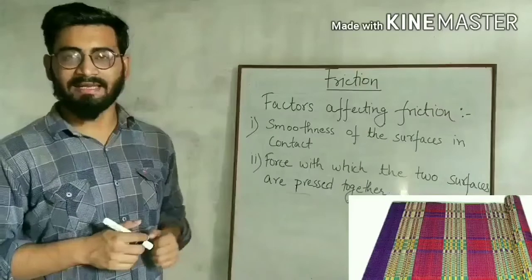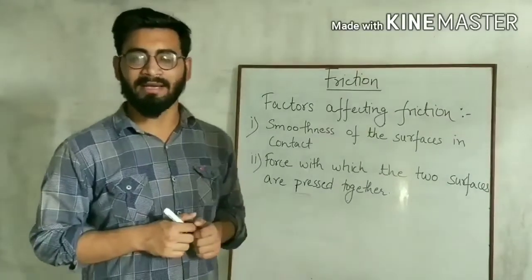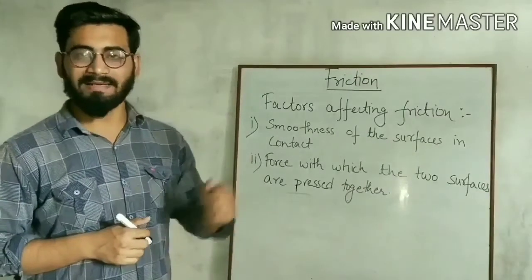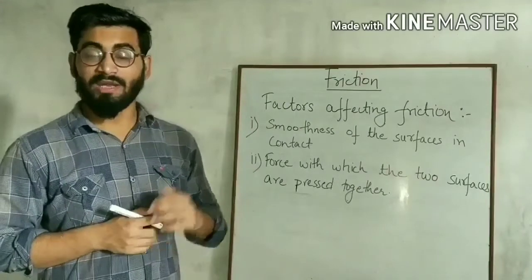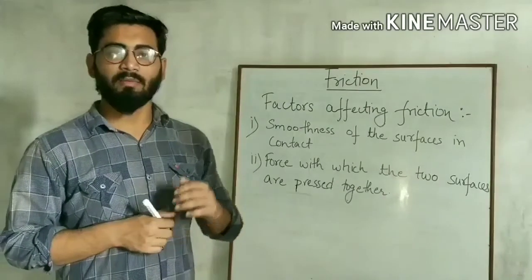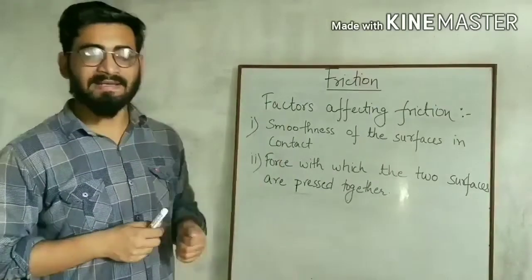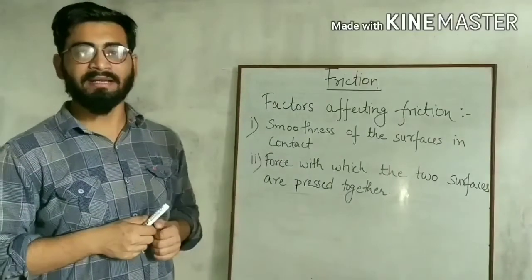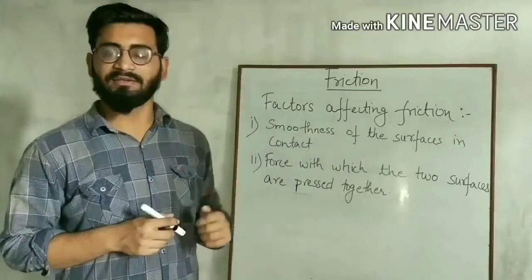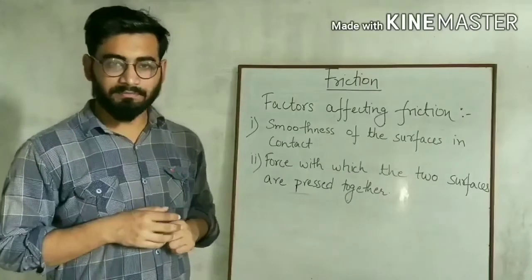And in the second case, again I ask you to drag a mat, but this time a person is sitting on it. So in which case will you find it more difficult to drag the mat? Yes, in the second case, when a person is sitting on the mat. Why?